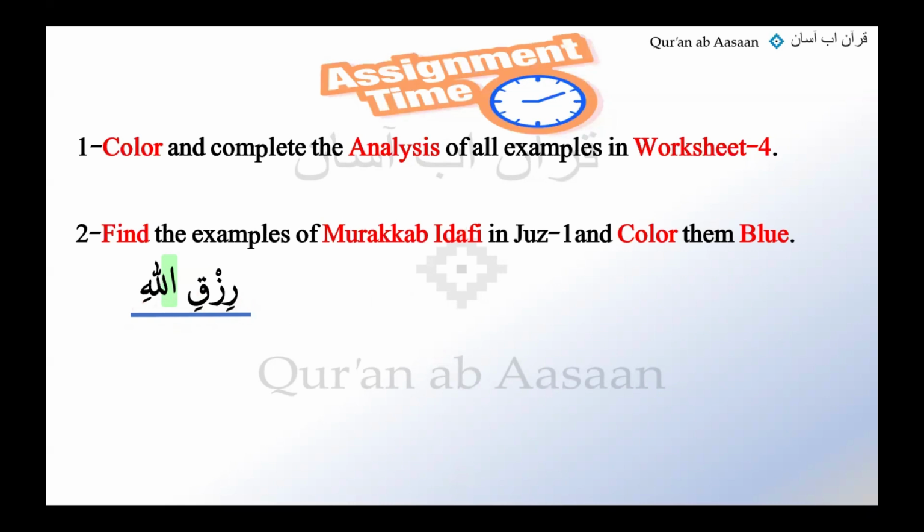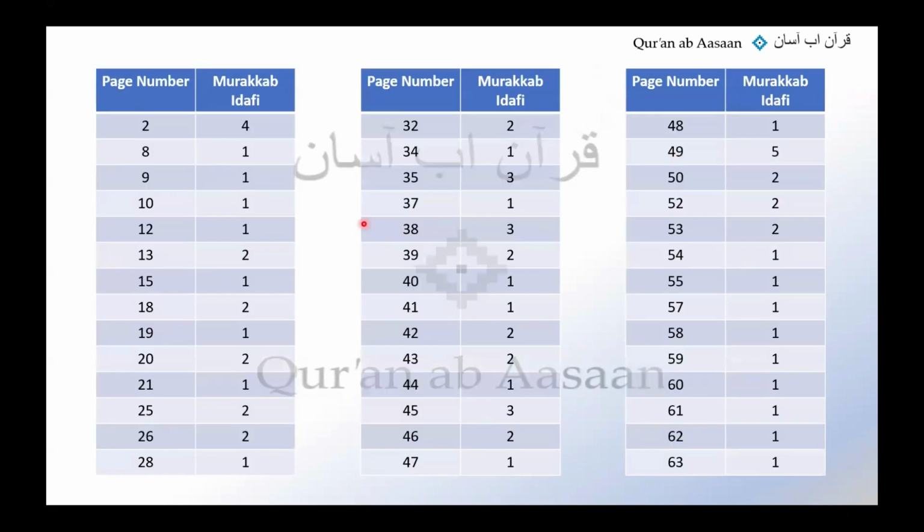Alhamdulillah, you have done a lot of practice. Inshallah, it would be very easy for you. This is what it's going to look like. You will have a page number. For example, page 18 will have two murakkabe idafis. Page 60 here. So you just go to these page numbers and find the marked number of murakkabe idafis on that page. Inshallah, it would be very quick and easy for you.